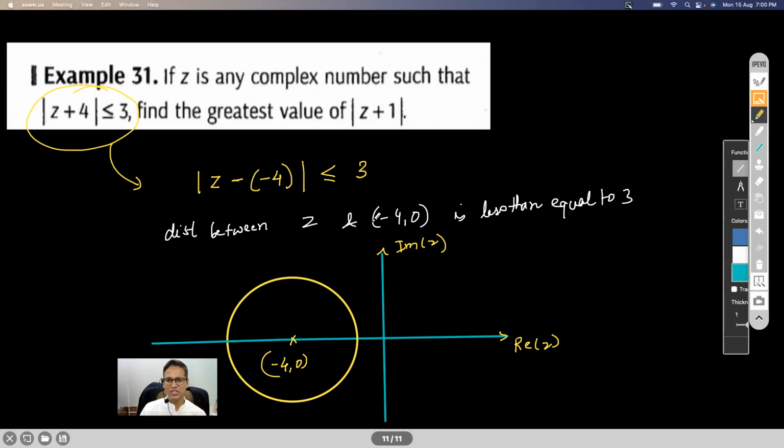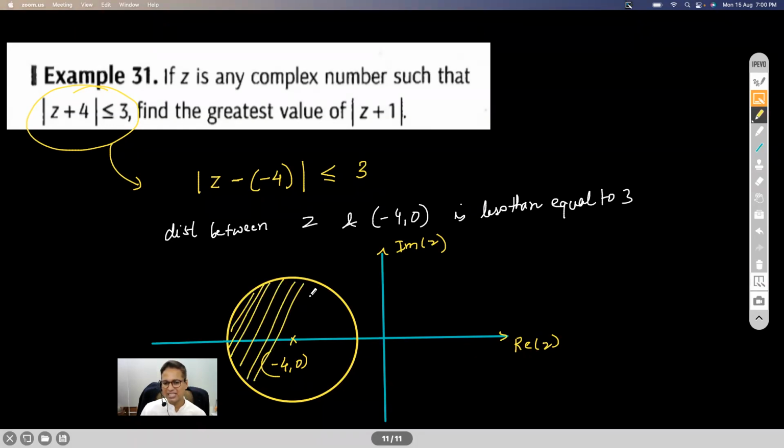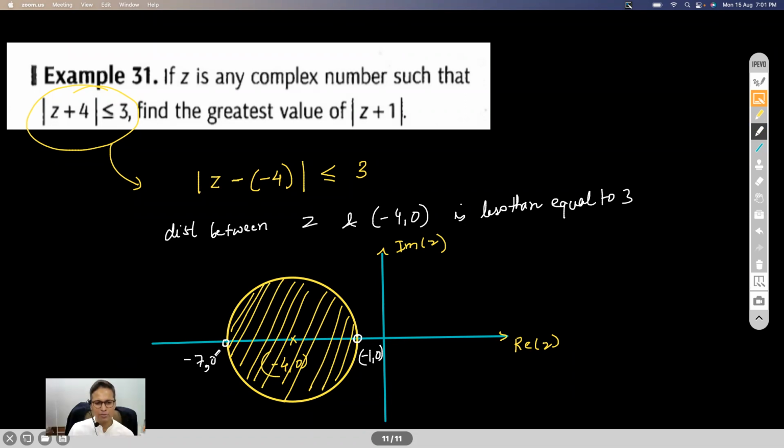Correct? So your z is always on or within the circle. Your z could be anywhere in this. Understood what I'm trying to say? And by the way, it will cut here at (minus 1, 0). And here it will cut at (minus 7, 0). Anyways, we'll see what utility that has.